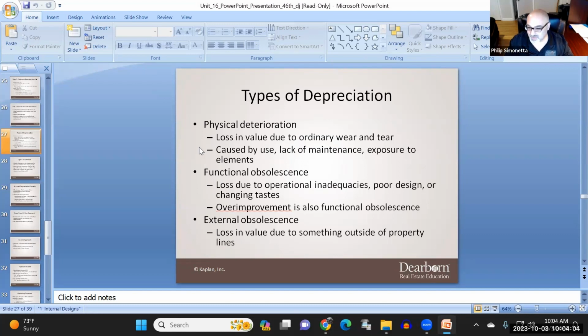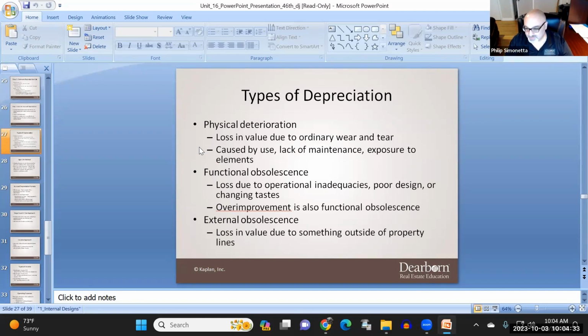There's no comps that are going to be that high, because of what you did to it. That's called over improvement. That's called functional obsolescence. Also, if you have a house and you have to go through one room to get to another room, that would be functional obsolescence. Some people may not want to go through one bedroom to get to another bedroom. That's functional obsolescence. It depreciates it.